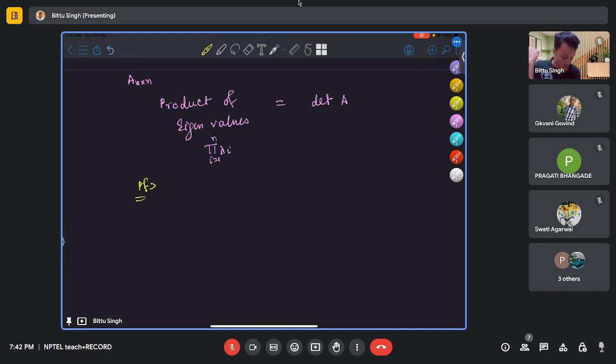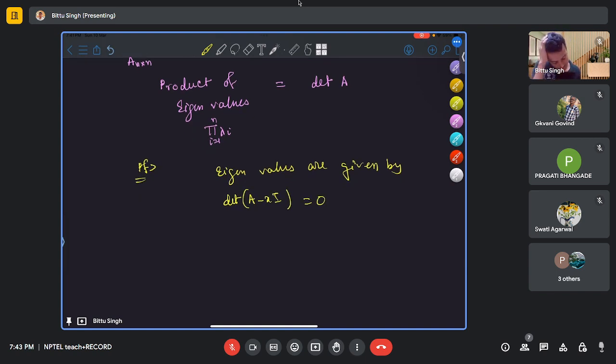Eigenvalues are given by this equation, precisely this equation: determinant of A minus xI is the same as 0.